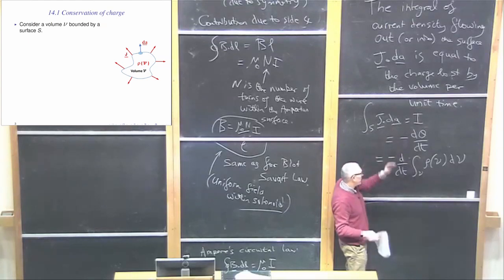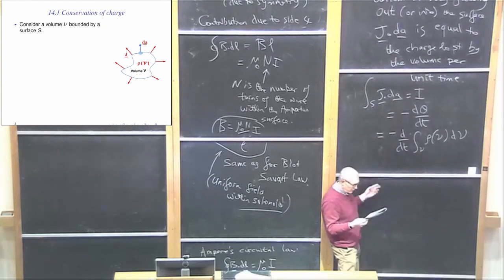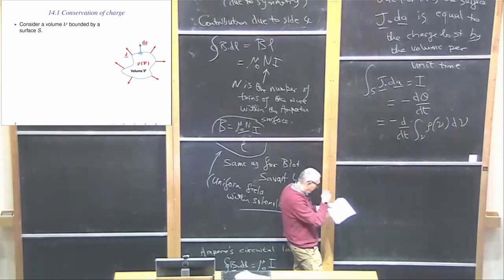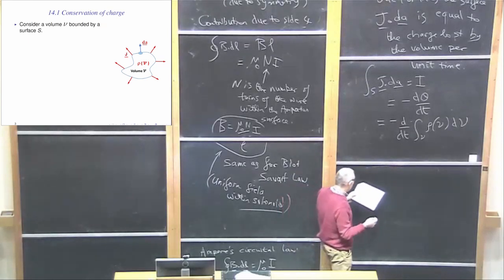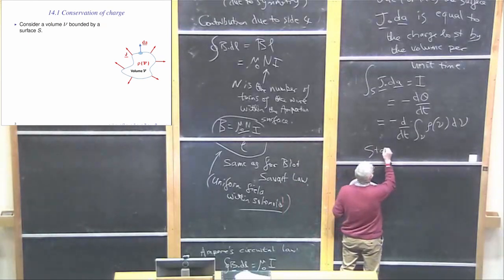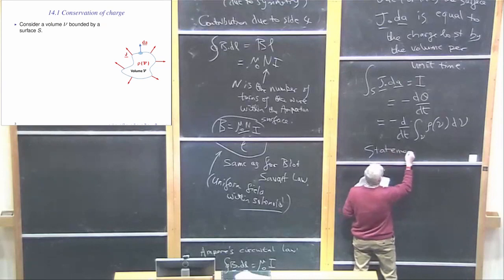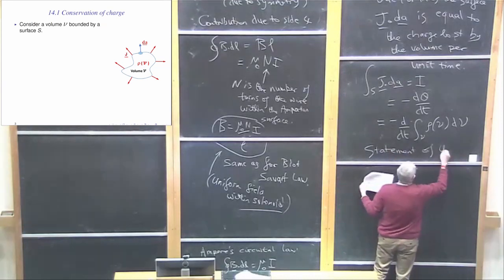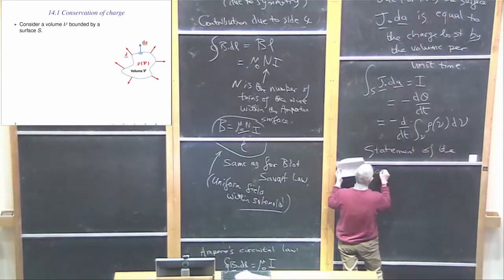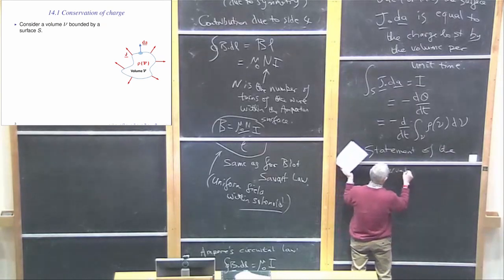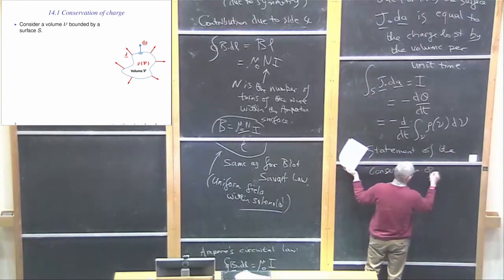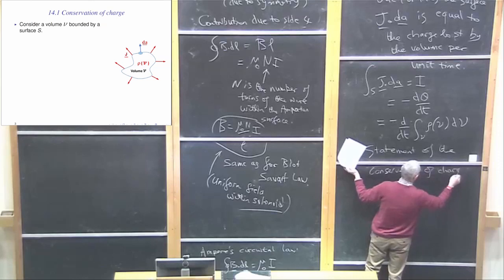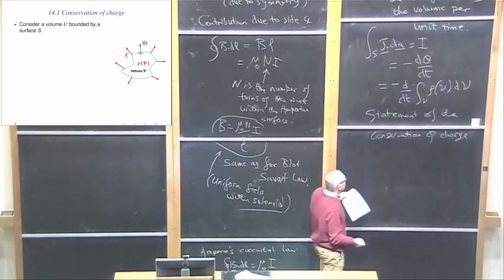And I've picked up a minus sign because I'm losing the charge from the volume. So this is a statement of the conservation of charge. I haven't derived anything. It's just a statement that charge is conserved. Good.